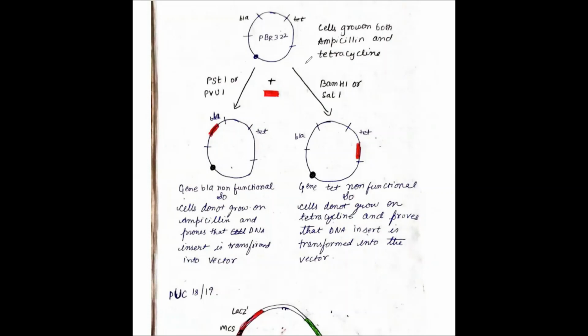If I use a certain restriction endonuclease, cut it and insert the DNA, and this DNA is inserted in the ampicillin resistance gene, what will happen? That particular cell will not grow in ampicillin. That means the vector has been transformed. If it is growing, the vector is not transformed. A similar thing goes for tetracycline also.